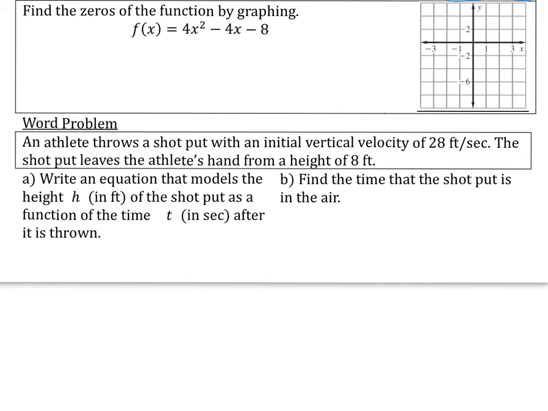Now let's find the zeros of the function by graphing. Let's find the vertex, or the axis of symmetry, excuse me. So half. And now let's find the minimum value.